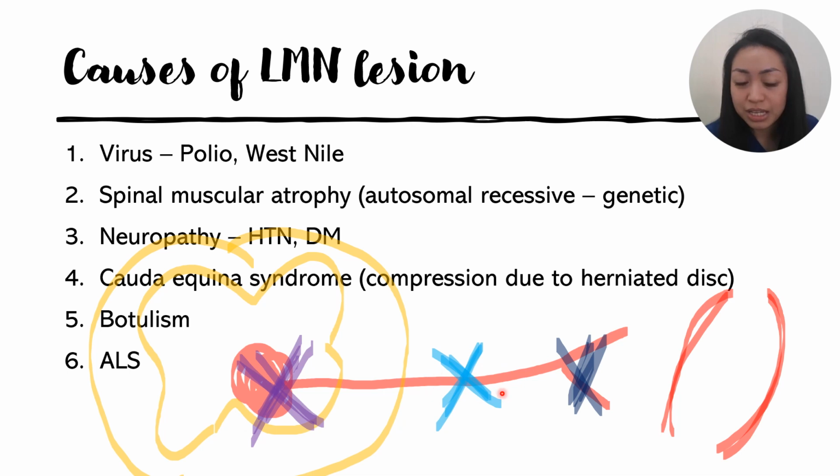Anything that can damage the axon of the lower motor neuron includes diabetic and hypertensive neuropathies, or damage to the actual nerve because of compression, like cauda equina syndrome. Things that can damage it at this point would be botulism, so botulinum toxins. And ALS can also damage the lower motor neuron and cause lower motor neuron lesions.